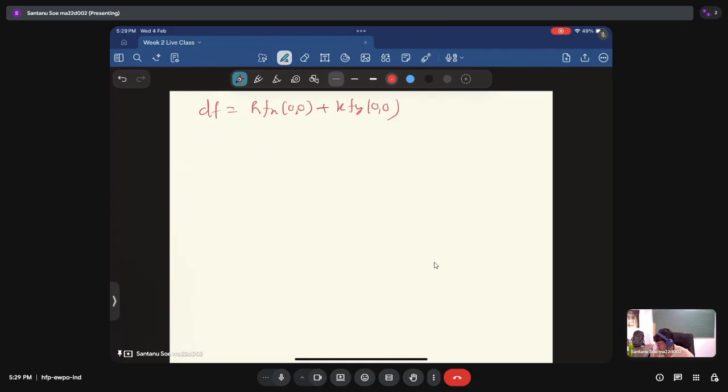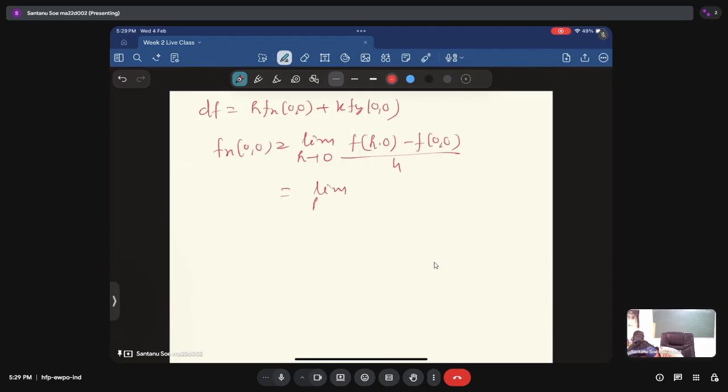Okay, and fx(0,0) is nothing but the limit as h tends to 0 of [f(h,0) - f(0,0)]/h.